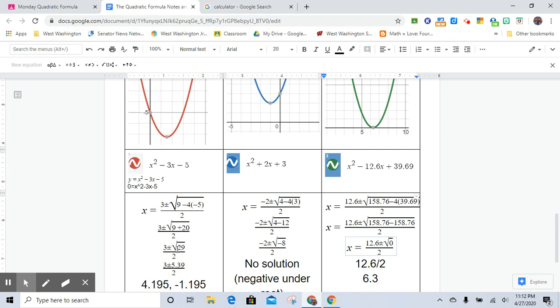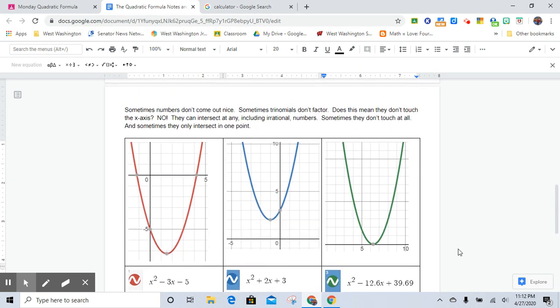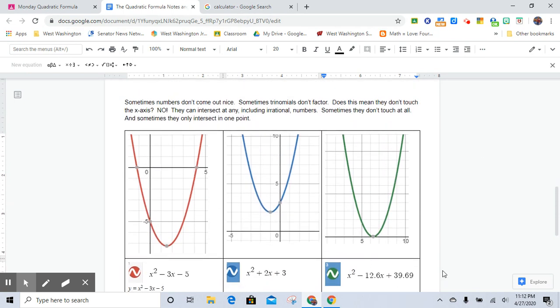Whenever it is a perfect square, you'll have nicer numbers. Maybe there'll be a decimal, a rational decimal instead of an irrational one. But that's really the kind of patterns that we see with these trinomials.